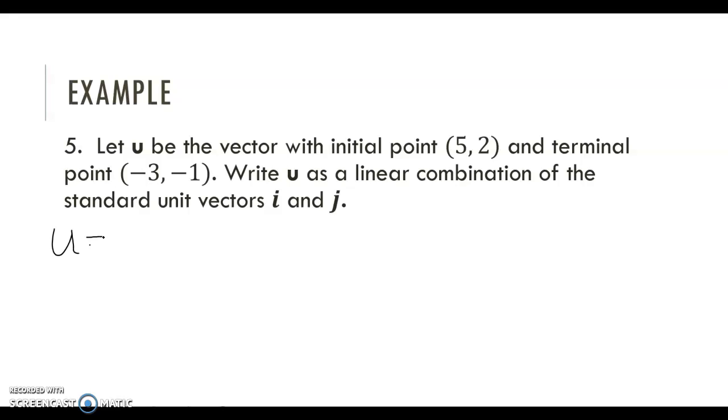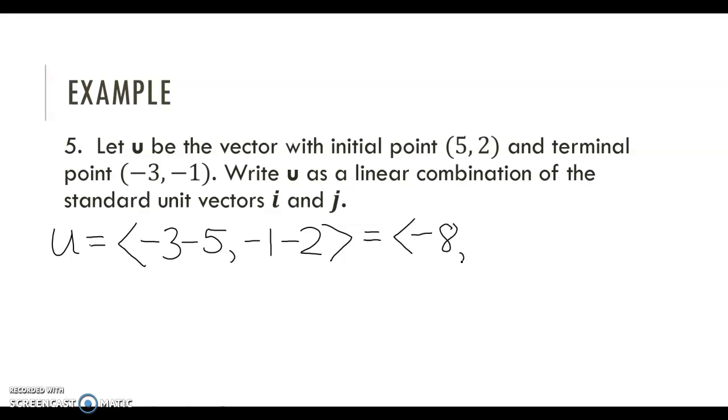So u equals, so notice I'm going to change to my vector brackets now, terminal minus initial, so -3 minus 5, and -1 minus 2. So u is actually the vector -8, -3.